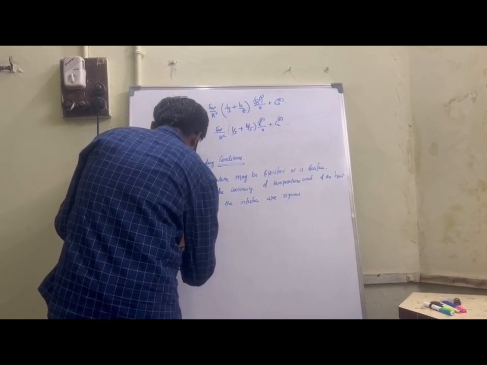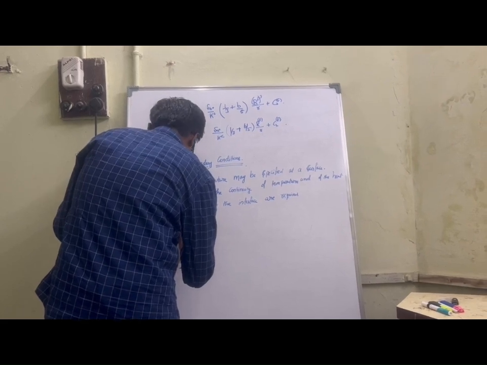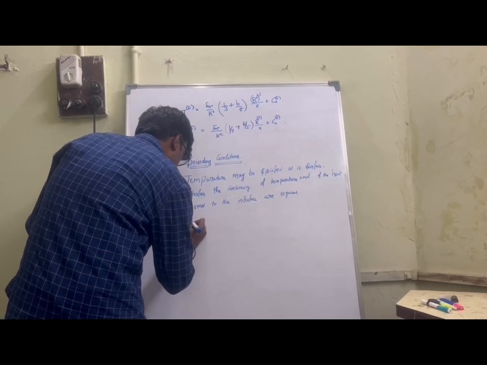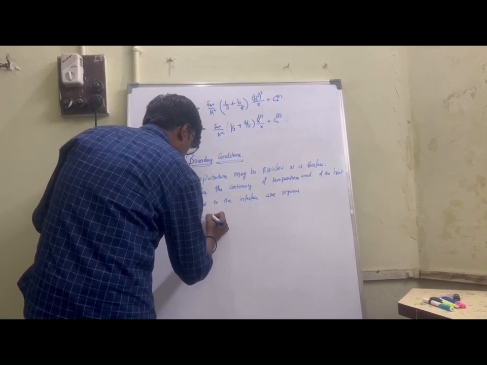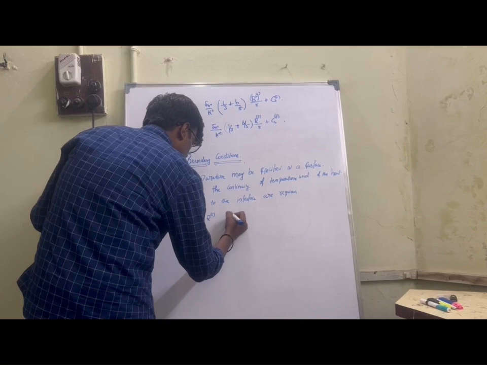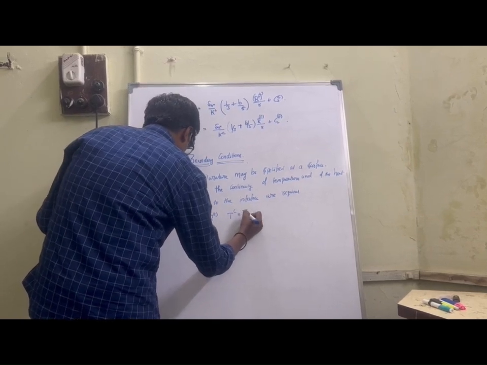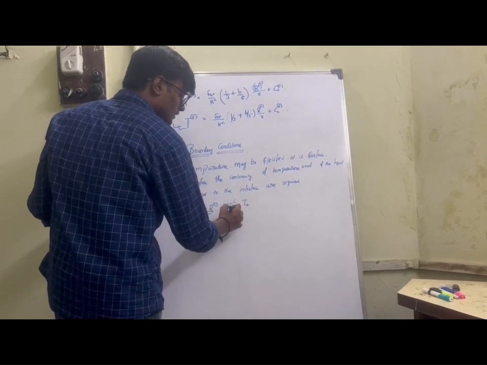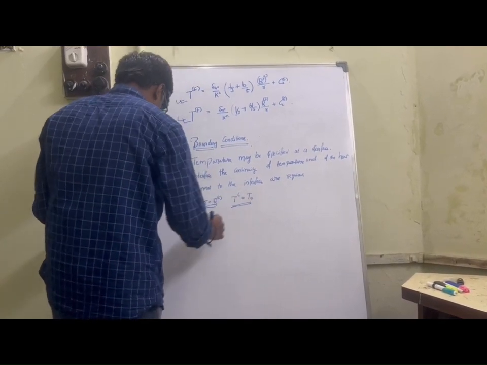So from this, at R is equal to the RC, TC is equal to the T naught.